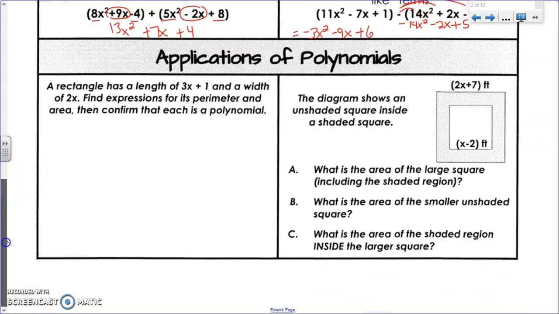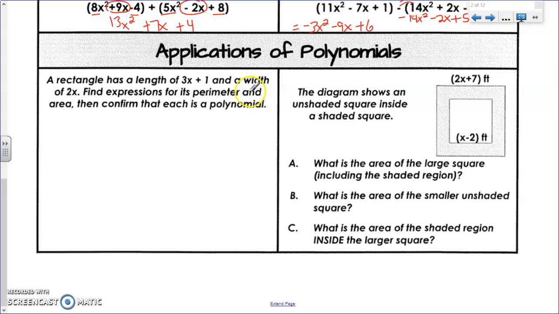All right, the last part here, a rectangle has a length of 3x plus 1 and a width of 2x. Find the expression for its perimeter and area, then confirm that it is a polynomial. So for the perimeter, we add up all the sides. So we get 3x plus 1, 3x plus 1, 2x and 2x, 6, 10x plus 2.